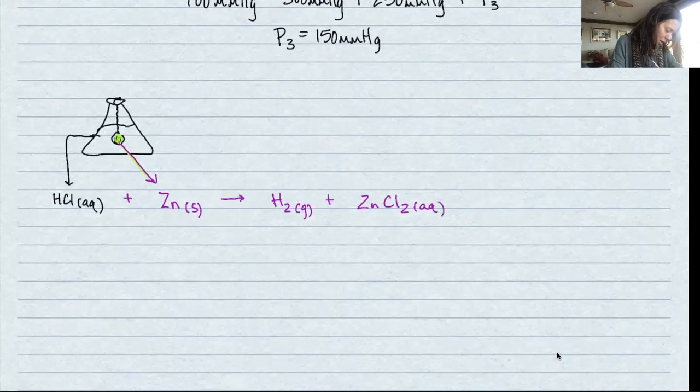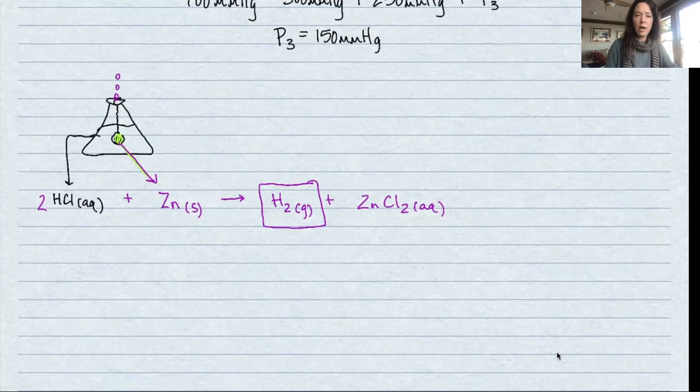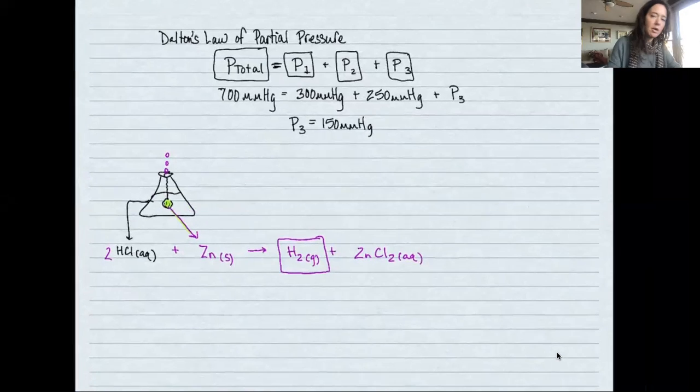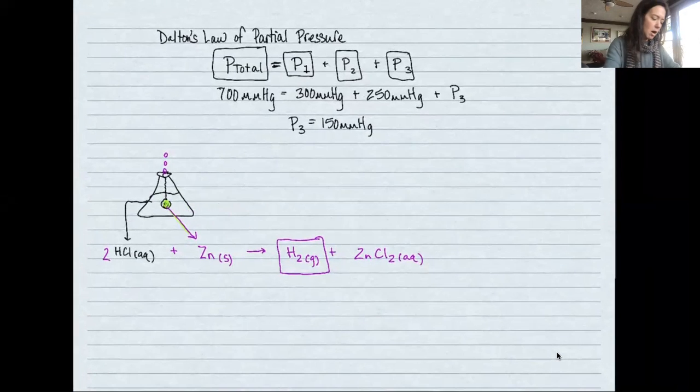So let's balance that equation. Notice here is the gas. Well, what is that going to do? It's going to immediately start bubbling up, right? Okay, well, remember part of our title was collecting gas over water.